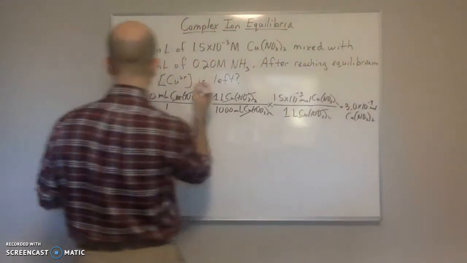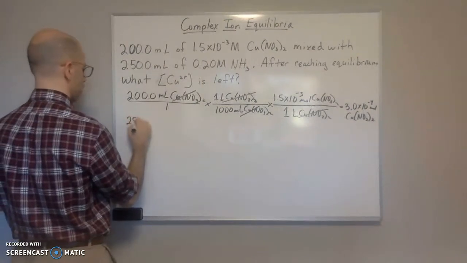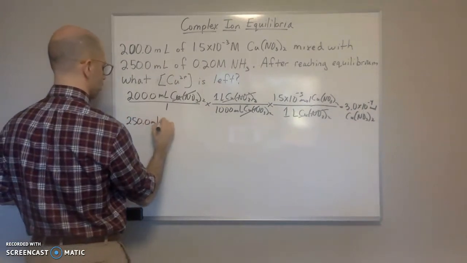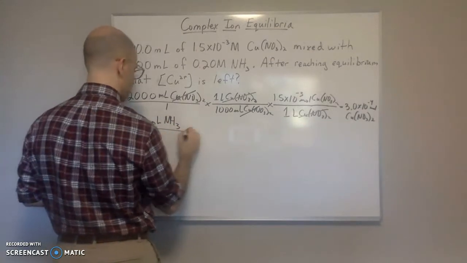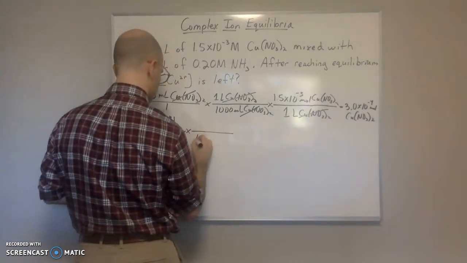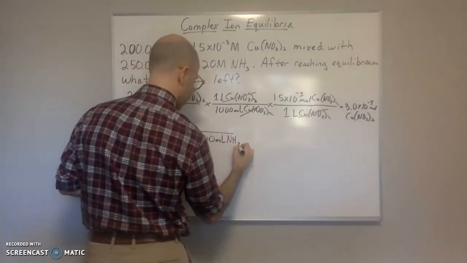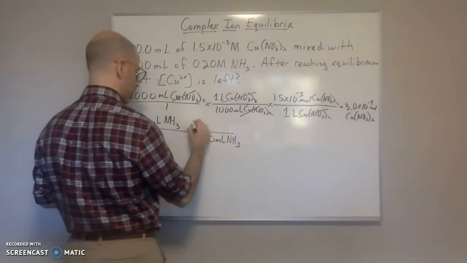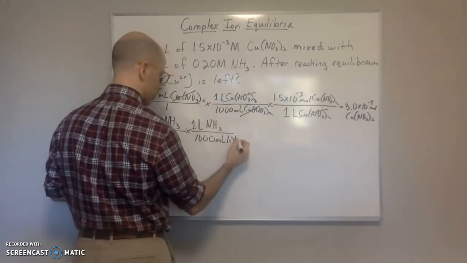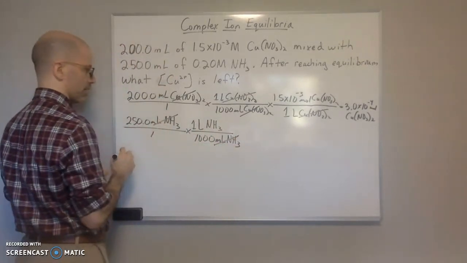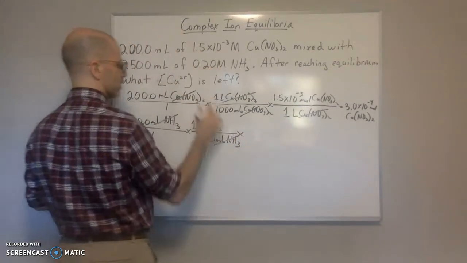And then we'll have to do the same thing with the ammonia. So we have 250.0 milliliters of ammonia. Convert that to liters of ammonia. So milliliters on the bottom, 1 liter of ammonia on top. The milliliters are going to cancel out. And then we're going to use the molarity they gave us.